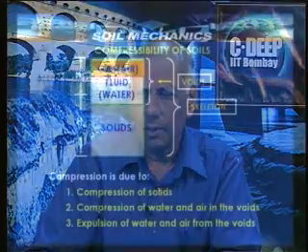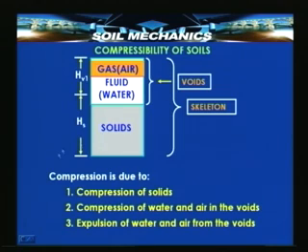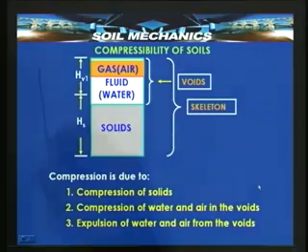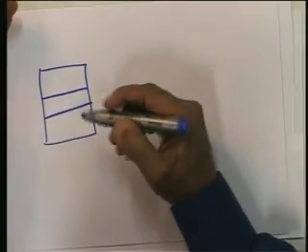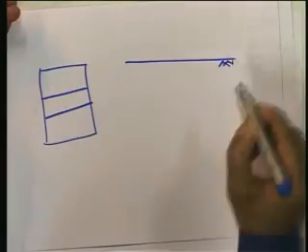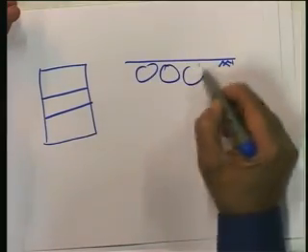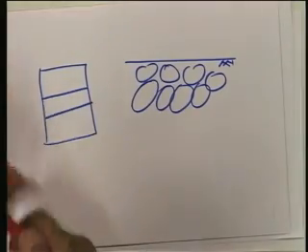So, compressibility. If you have a 3-phase model like this, what can the compression be due to? Suppose you apply a load here, what can the compression be due to? Let us try to understand this. In actual practice, the soil will not have 3 components distinct from each other. In actual practice, if this is the ground level, there will be solid particles and there will be voids in between.